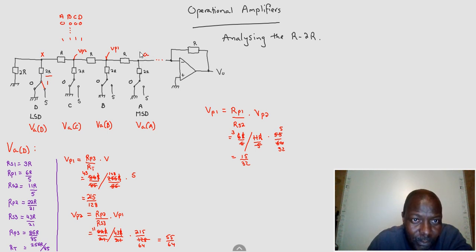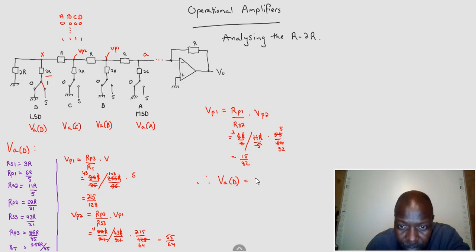Now we're going to get the voltage at A. VA, it was supplied by the D, because remember the other sources that can supply there, so we must differentiate, is simply going to be that 2R over the total 3R times they are sharing V parallel 1, which is simply equal to 2 over 3, because the R's are going to cancel. 2 over 3 times 15 over 32.